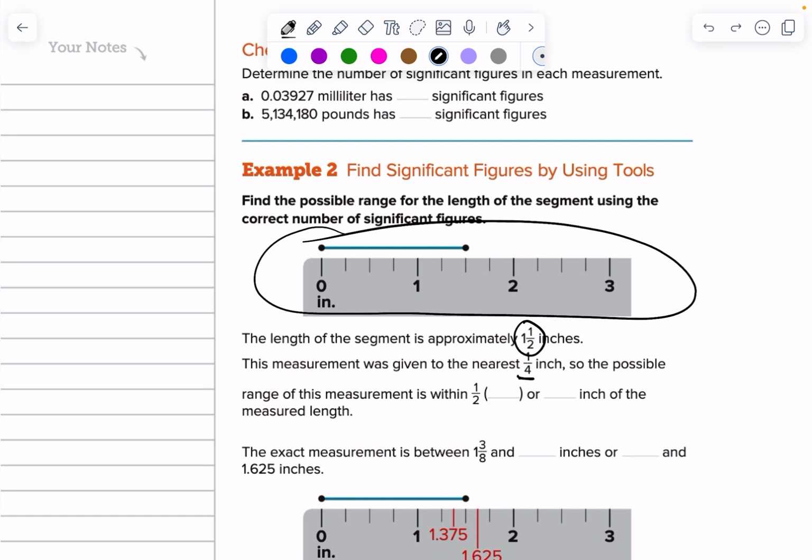So when we talk about the possible range for the length of the segment, these dots are getting rounded to the closest marking here. This dot is going to get measured at this amount as long as it is in between here and here. Let's say this dot was actually right here, it's going to round to this one.